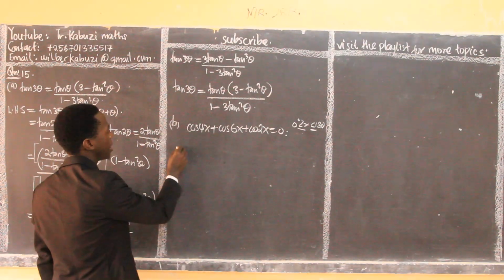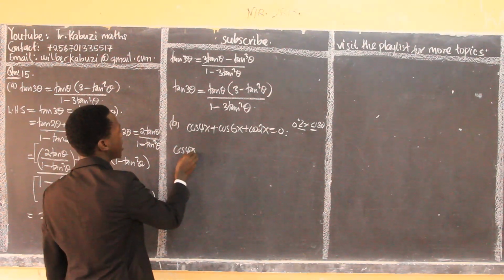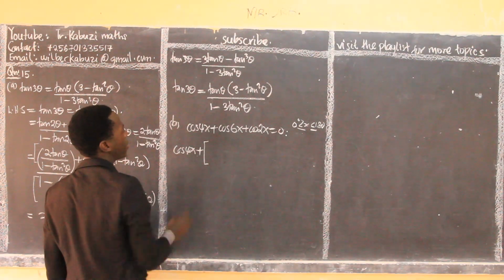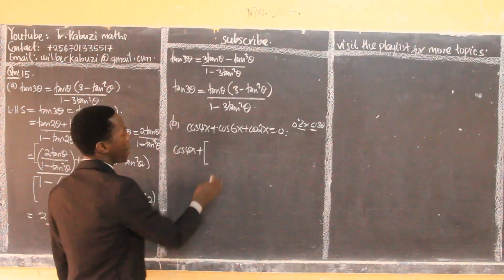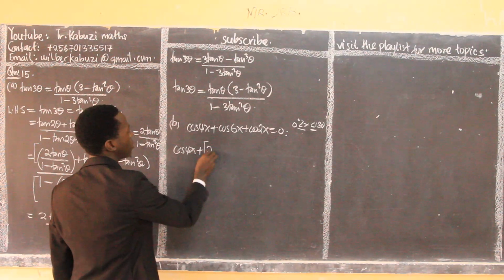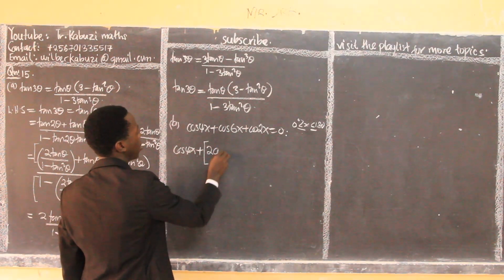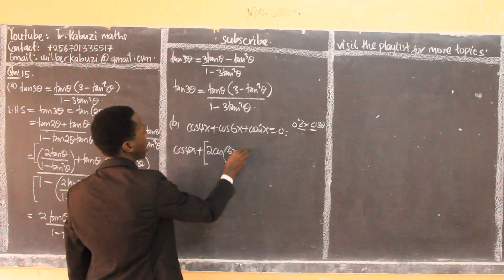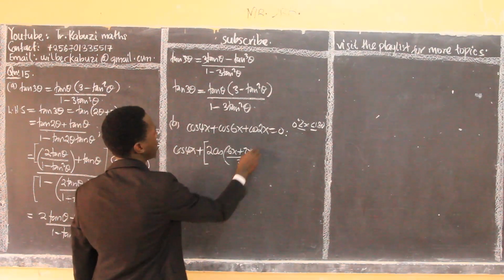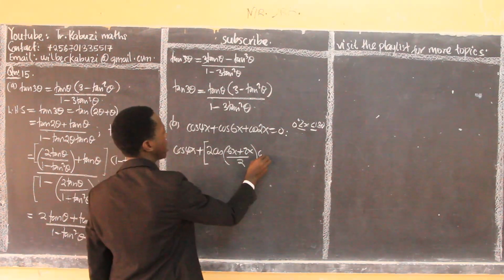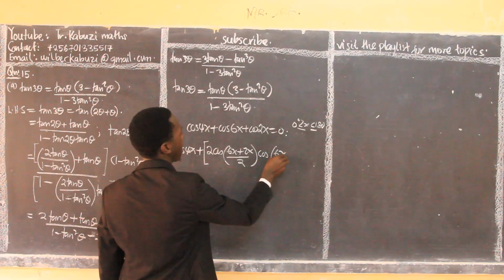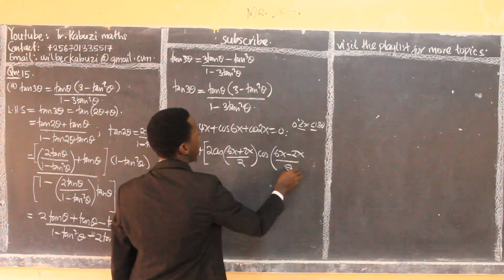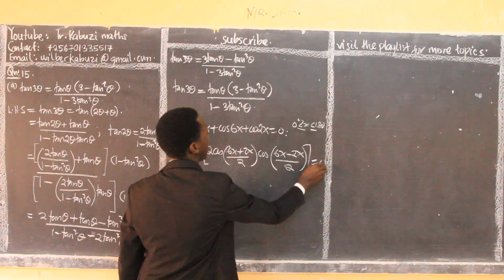So now we have cos 4x plus, using the factor formula, 2 cos of (6x plus 2x) over 2 times cos of (6x minus 2x) over 2, the whole giving me 0.